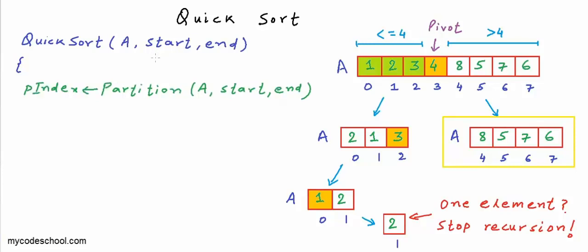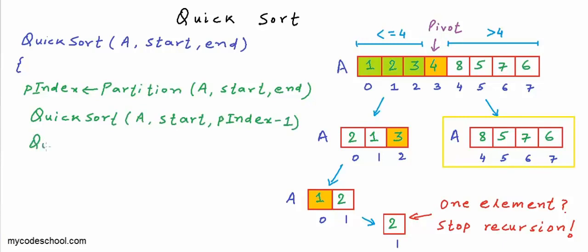I will call it p index for partition index. Now once we have rearranged a segment in this process partition and got the partition index, the index of the pivot, then we can make two recursive calls, one to sort the segment left of the partition index and another to sort the segment right or towards the higher indices of partition index.